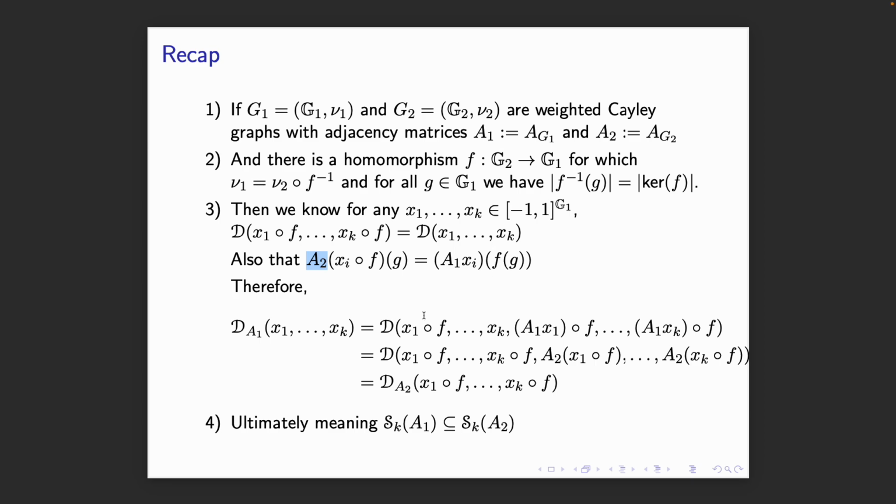And so what we then get is that the distribution with respect to A1 of x1 through xk is going to be the same thing as the distribution of x1 composed with f through xk composed with f with respect to A2. And what this means is that because these functions x1 through xk were chosen arbitrarily, every element in the k profile of A1 is going to be contained in the k profile of A2.